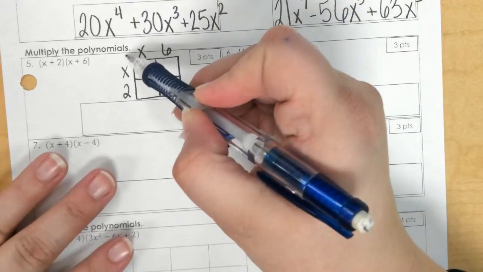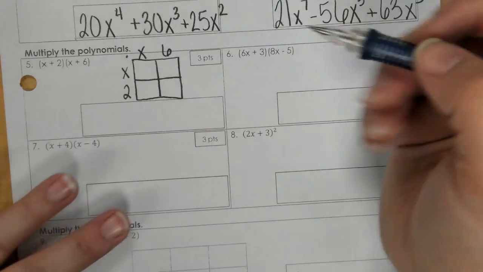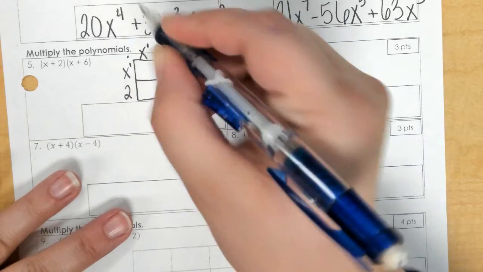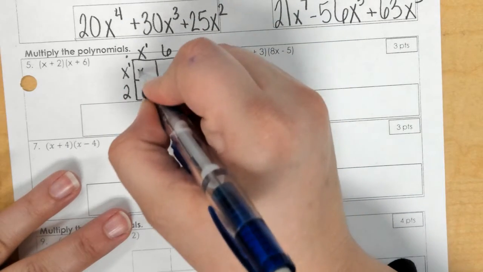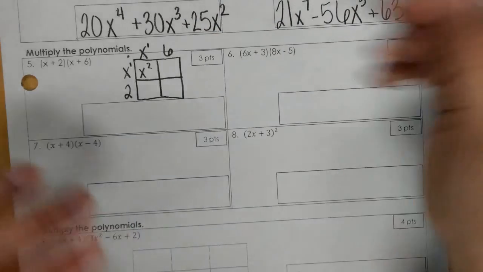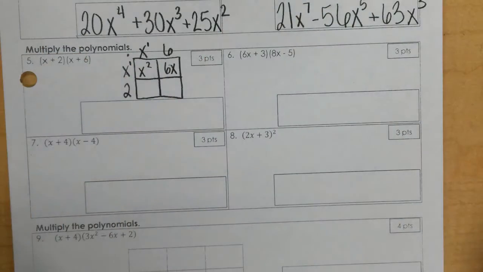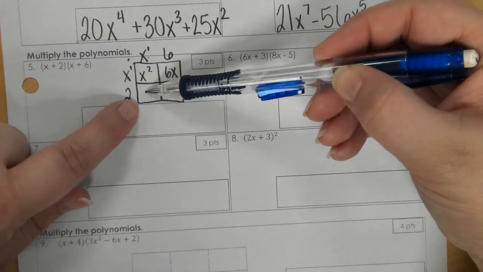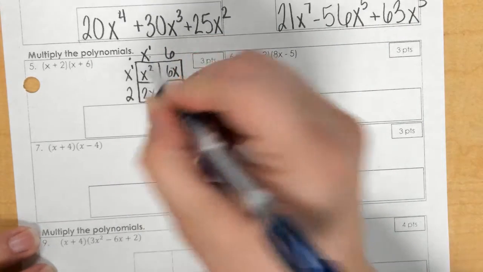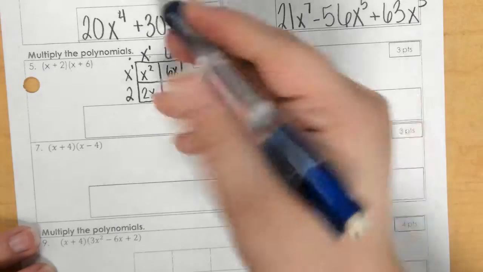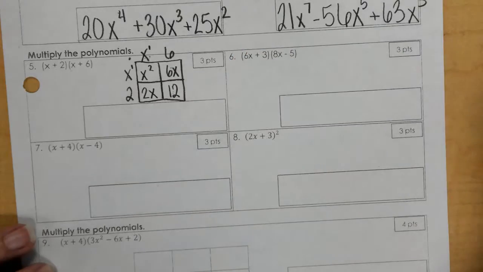So you're just multiplying and adding x's. So x times x, x squared. X times 6, 6x. X times 2, 2x. And 2 times 6 is 12.